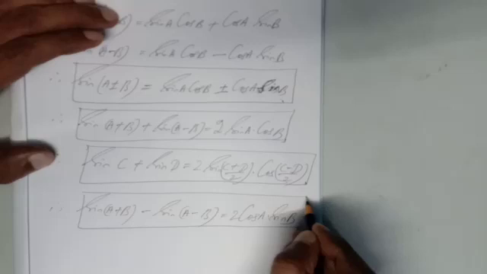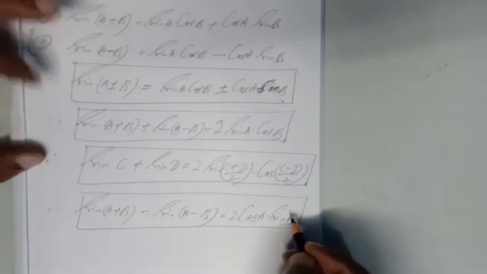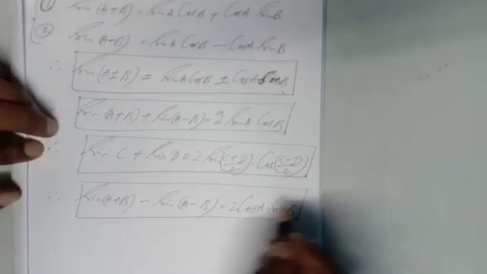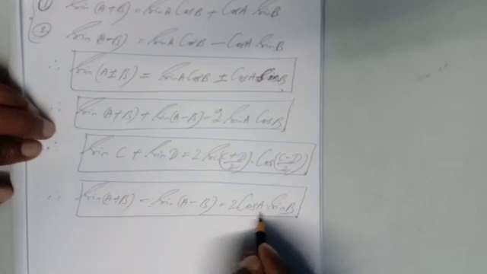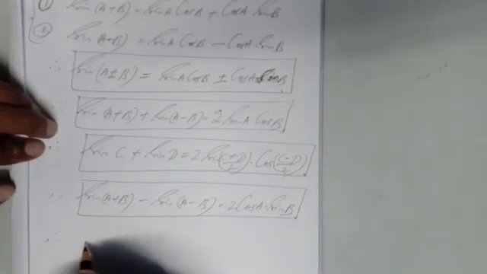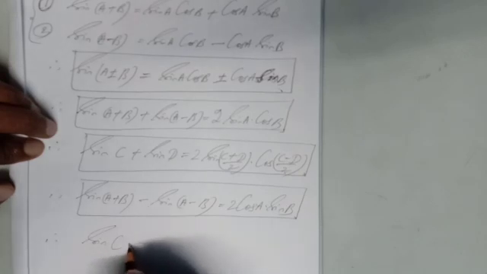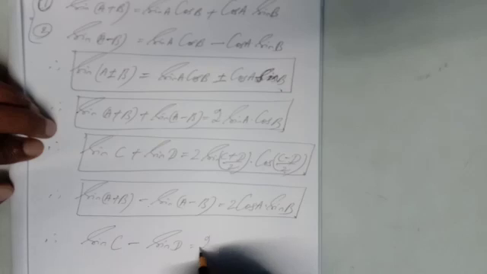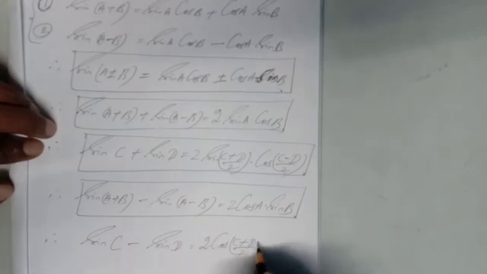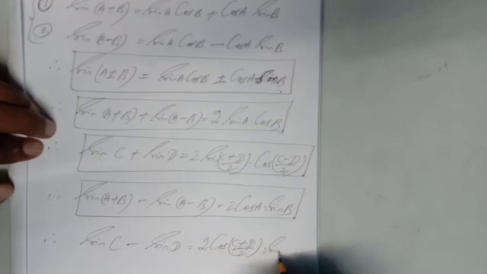There are so many derived formulas from the first two. So sin a plus b minus sin a minus b equals 2 cos a sin b. Again you can write sin c minus sin d. It will be 2 cos of c plus d by 2 as before, into sin of c minus d by 2.